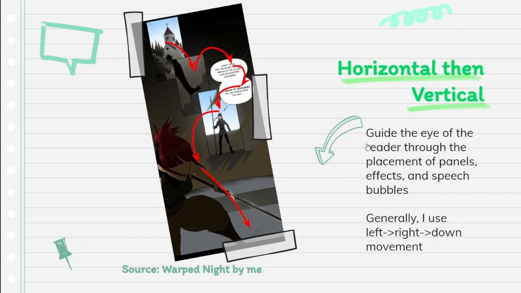In the example shown here, I started from the upper left panel, which is just a guy running towards the church, and then the second panel, where he's trying to climb up, and the third panel, a few speech bubbles followed by him talking about some event, and finally the last panel, which is just the person that he is talking to.